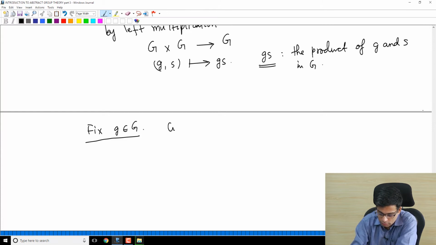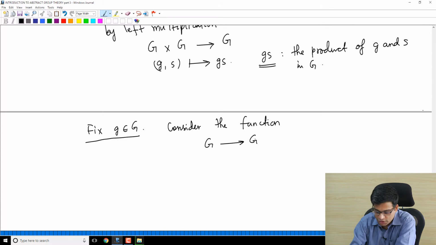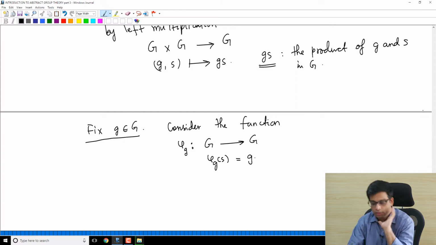Consider the function G to G. Because this function is dependent on g, let me call this phi sub g. Consider the function defined by, I'll take small s, phi g of s is gs. So remember, G is playing two avatars here.